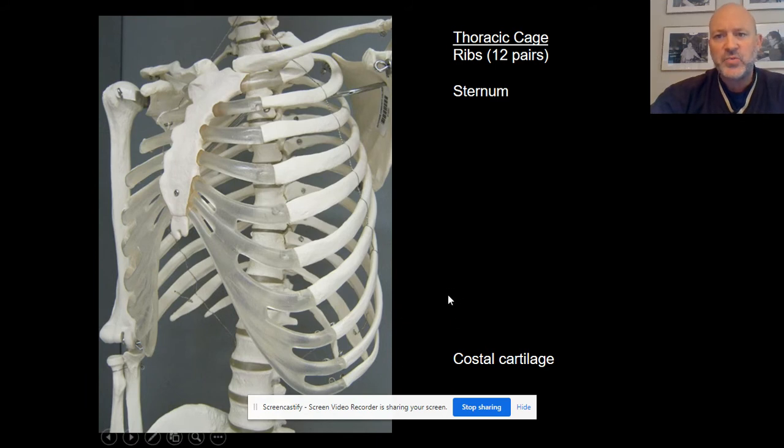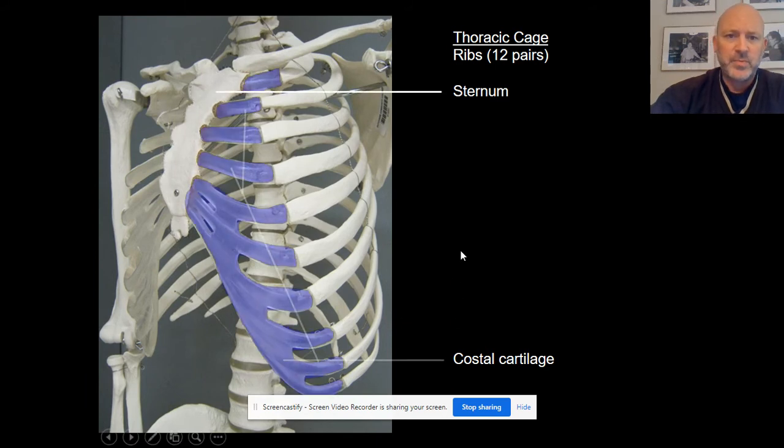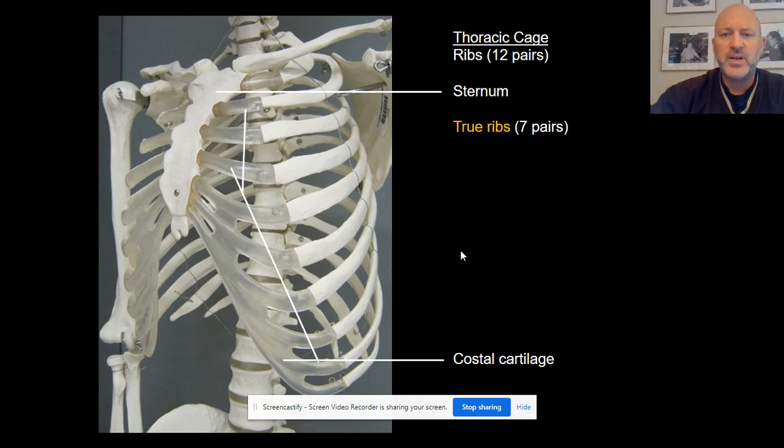The ribs, we have 12 pairs of ribs that connect to the sternum indirectly, because remember, there's costal cartilage. The first 7 articulate directly. We call those first 7 the true ribs. You can see the cartilage of the 7th one articulates directly to the sternum. But guess what? The cartilage of the 8th one does not.